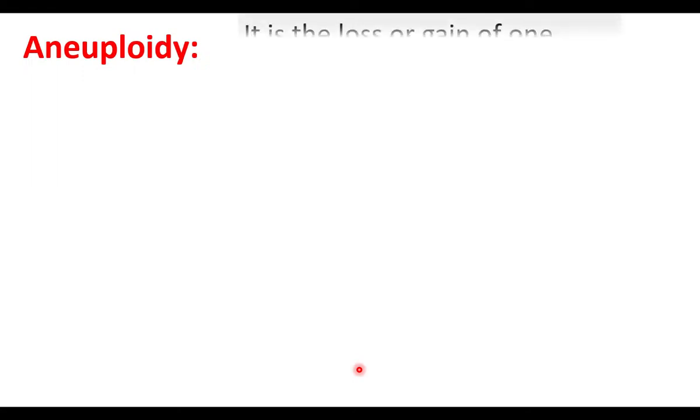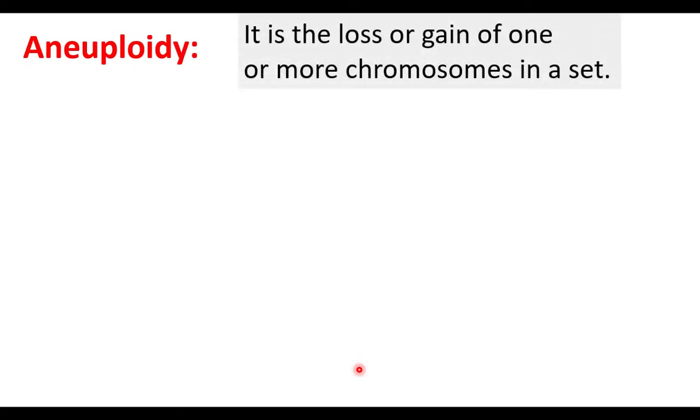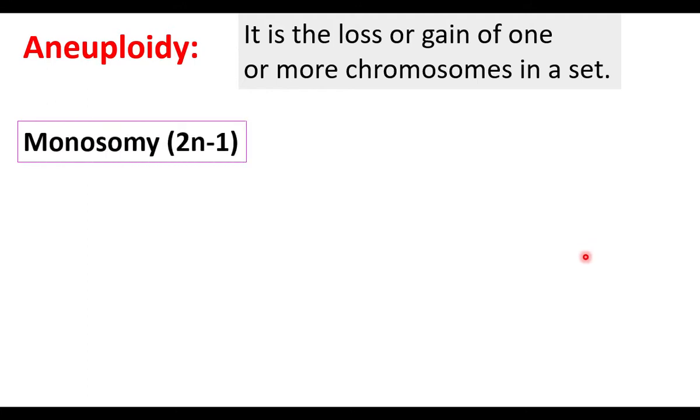What is aneuploidy? It is a loss or gain of one or more chromosomes in a set. If there is loss of one chromosome, we have 46 chromosomes, 2n is 46, so 46 minus 1, 45, that is monosomy.